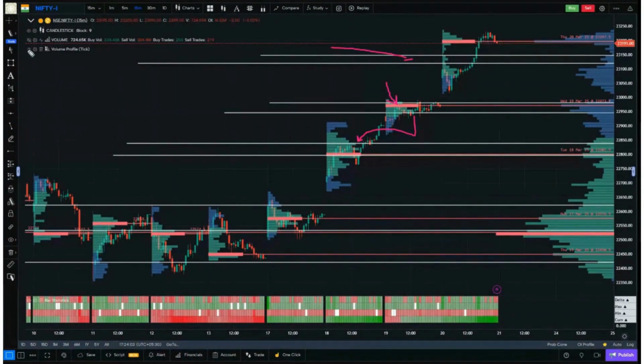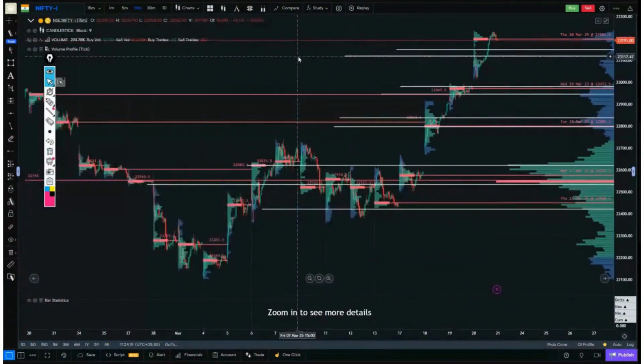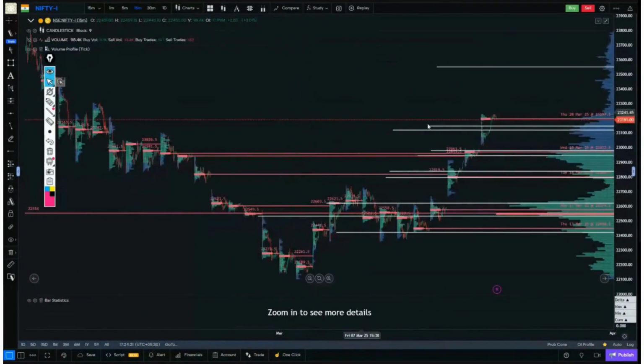We simply mark the nodes of the session's volume profiles. This is the biggest node. In this way, we only mark the nodes of the volume profile. If we look at this level and zoom out a bit, here was the volume node that we marked. Now, based on these notes, let's see what confirmations we got today.